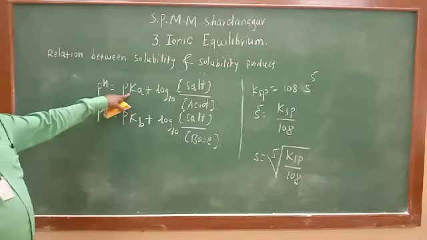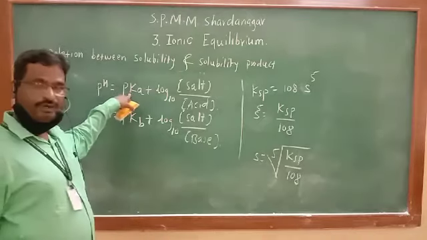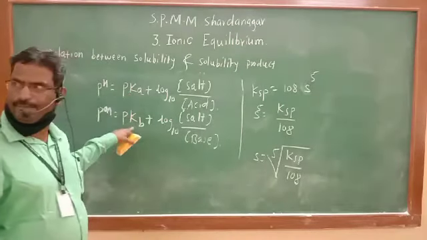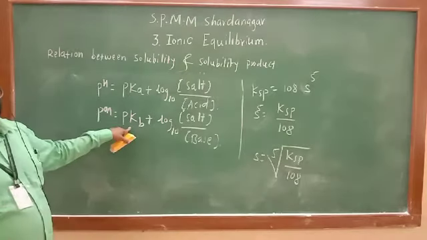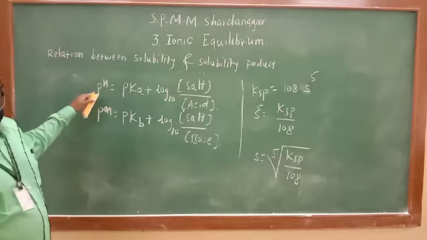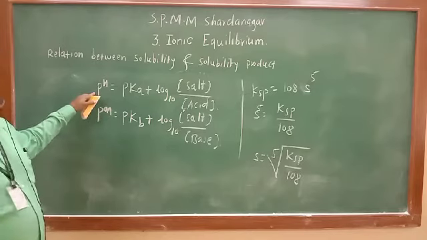Here pKa is minus log of Ka, pKb is minus log of Kb. It is not necessary to derive this equation, they have given the direct format.